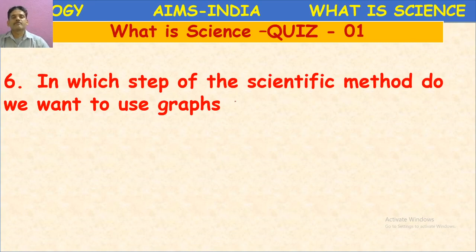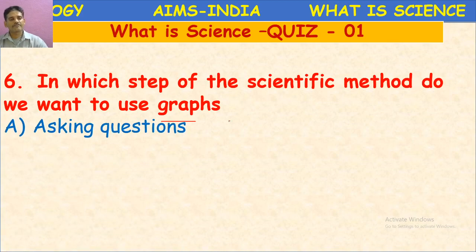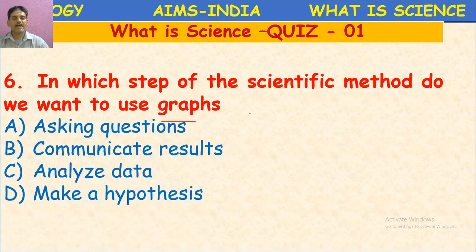Next, in which step of the scientific method do we want to use graphs? Asking questions, communicate results, analyze data. So this, you know very well, in your school results also, you will get some graphs. Okay, they will compare FA1, FA2, FA3, then SA1, SA2, like that.